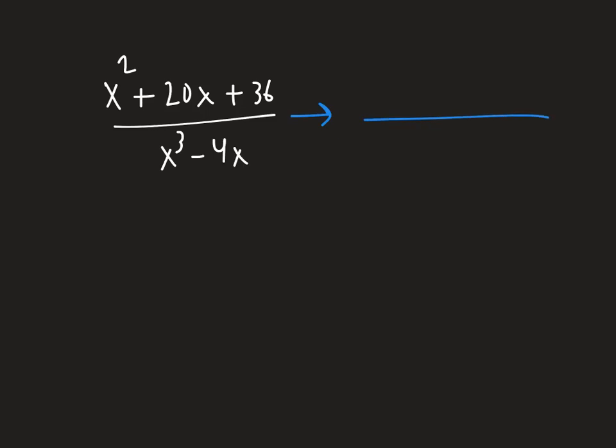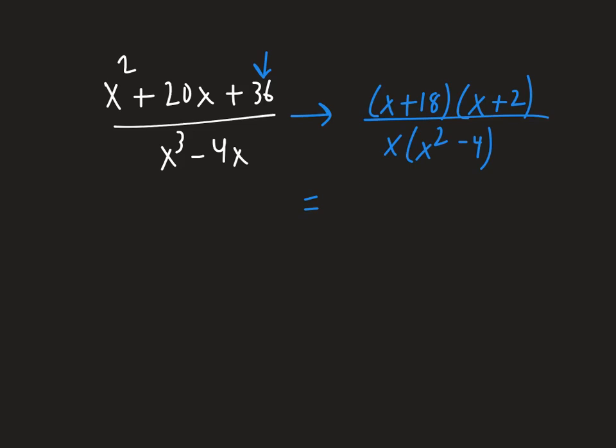In the numerator, we're doing that old school factoring, factors of 36 that add up to 20. So 18 and 2 would work, so x plus 18 times x plus 2. And in the denominator, they do have a common factor of x. So we can factor that out, and we'd be left with x squared minus 4.